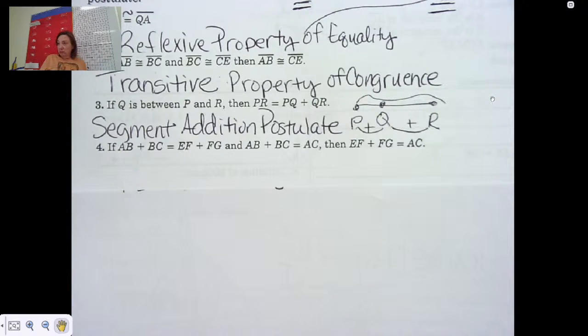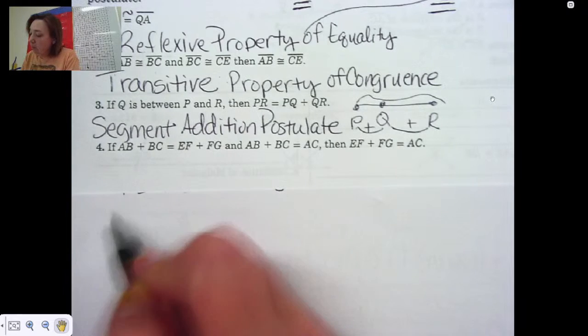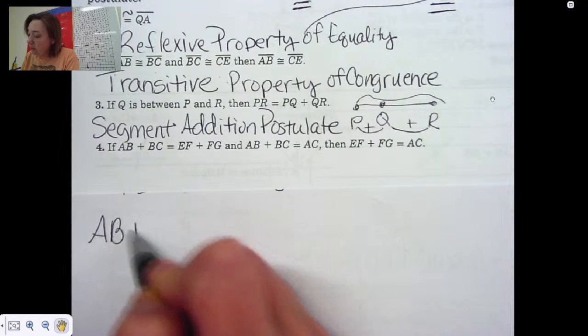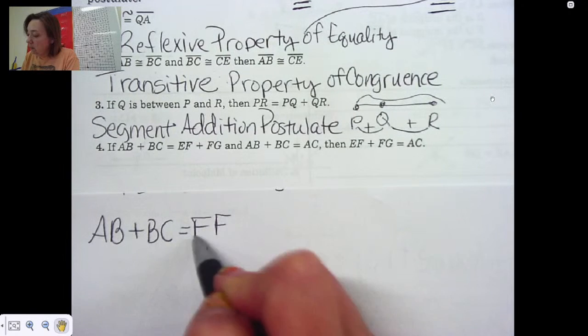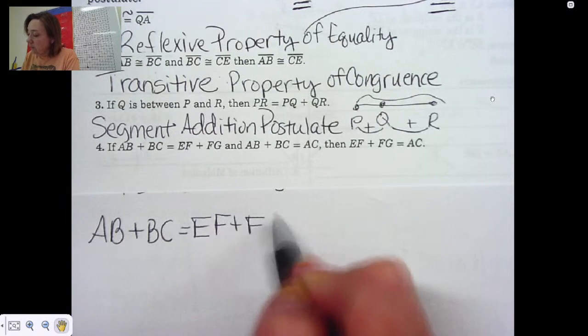Y'all see what they did there? I'm going to write it out so we make sure that it makes clear sense to us, okay? We've got AB plus BC equals EF plus FG.